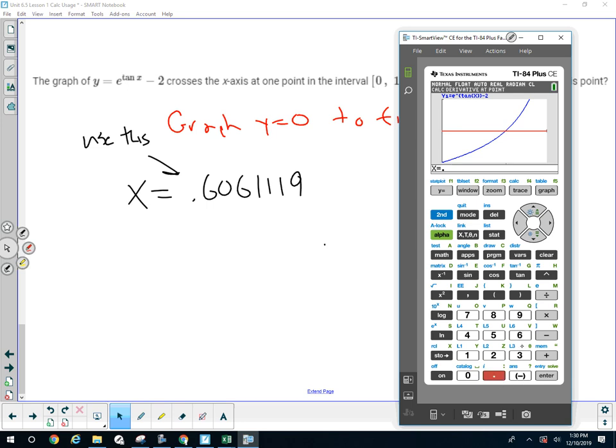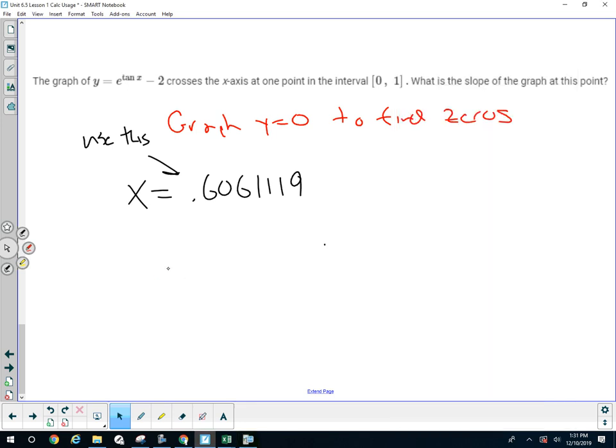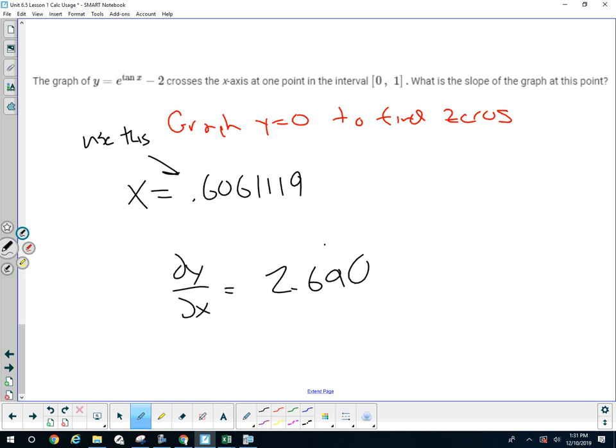I want 0.6061119, and I get my answer that I can now round: dy dx is 2.960. There was no answer choice, and you just wrote it down.